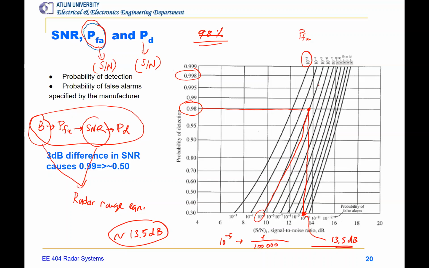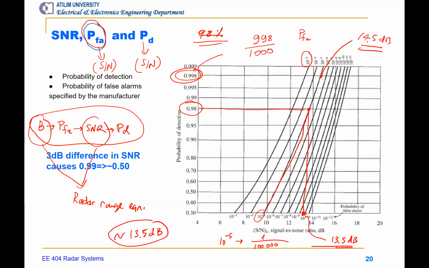So we have to go up and go here, for example. Okay, it's not clear here. For here, for example, we need about 14.5 dB. This is more realistic. So this means 998 divided by 1,000.